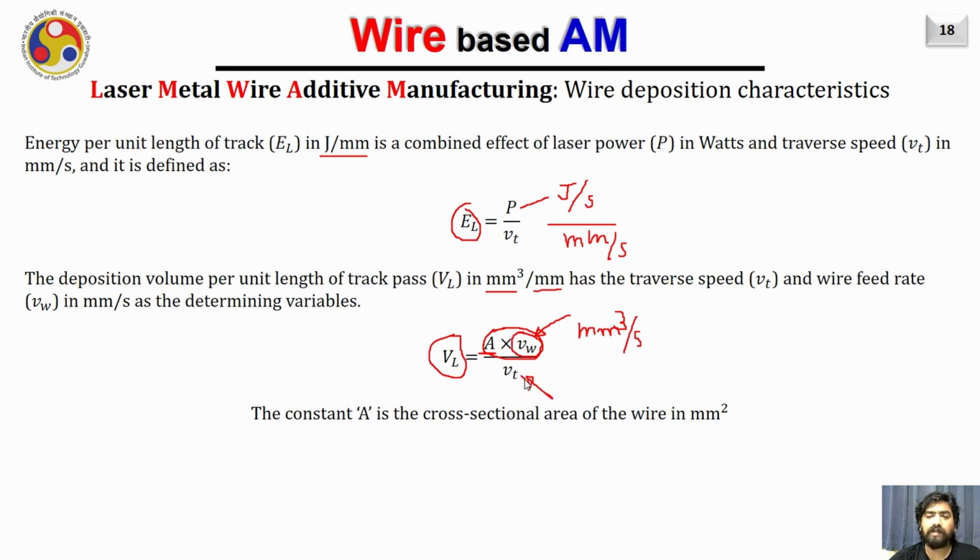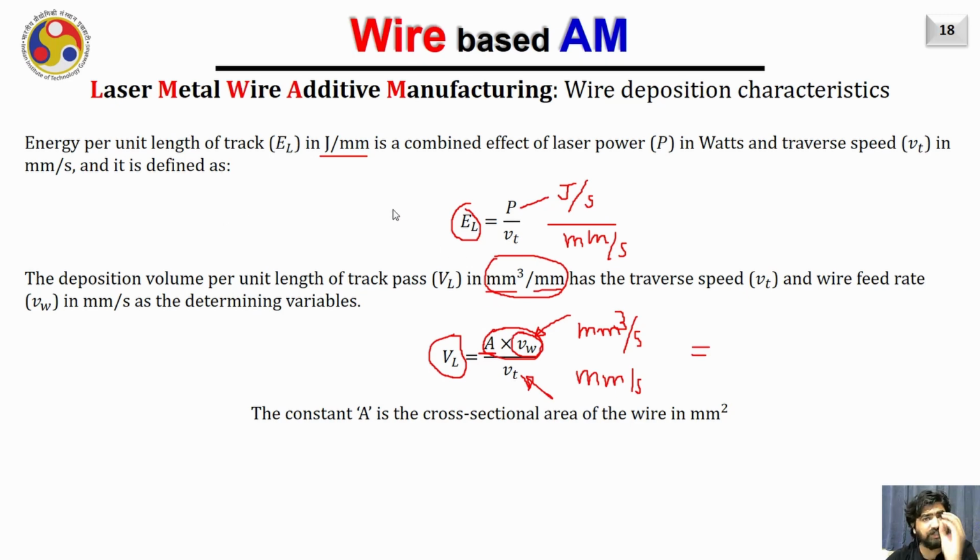Similarly, on the bottom side, the travel speed is given, and we know the unit of the traverse speed will be mm per second. That is why this ratio comes out as mm cube per mm, and it is nothing but the volume deposited per unit length of the track. So we have two parameters.